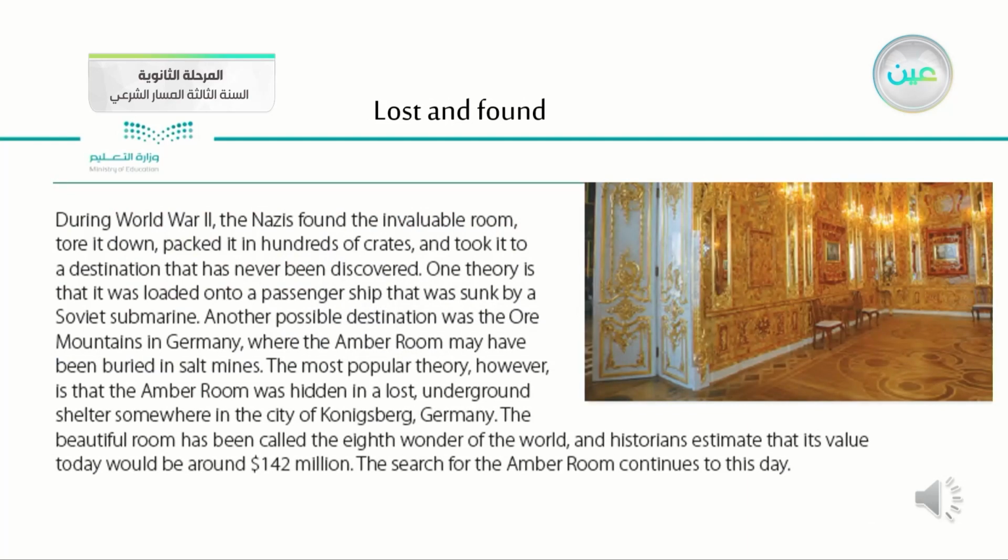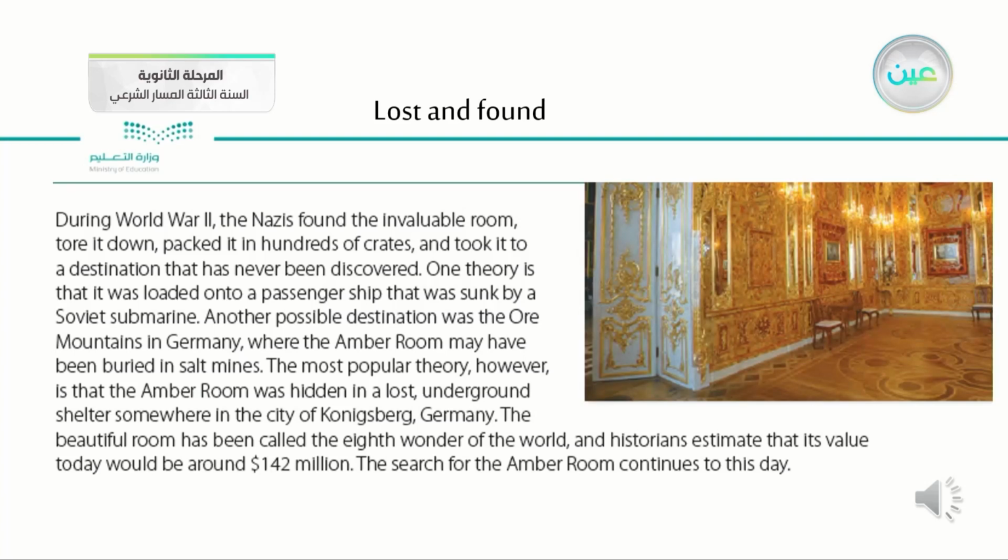During World War II, the Nazis found the invaluable room, tore it down, packed it in hundreds of crates, and took it to a destination that has never been discovered. One theory is that it was loaded onto a passenger ship that was sunk by a Soviet submarine. Another possible destination was the Ore Mountains in Germany, where the Amber Room may have been buried in salt mines.